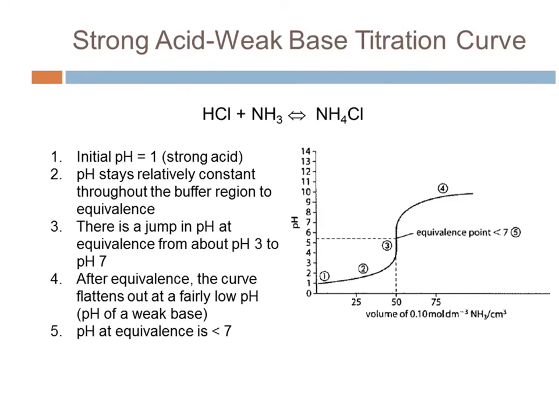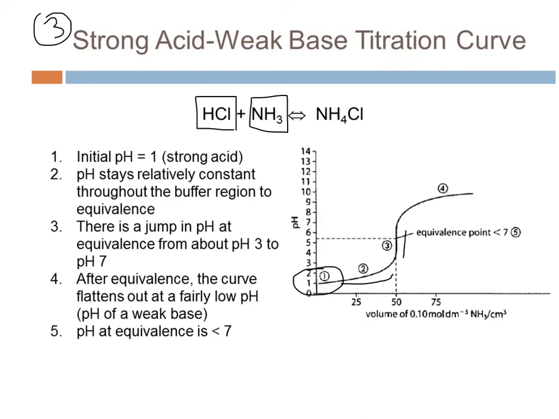The third scenario is a strong acid with a weak base. This is, again, pretty similar to the last scenario, except now we have a strong acid such as HCl and a weak base such as ammonia. Initially, we're starting at a very low pH because of the strong acid. Again, it stays consistent throughout this buffer region.